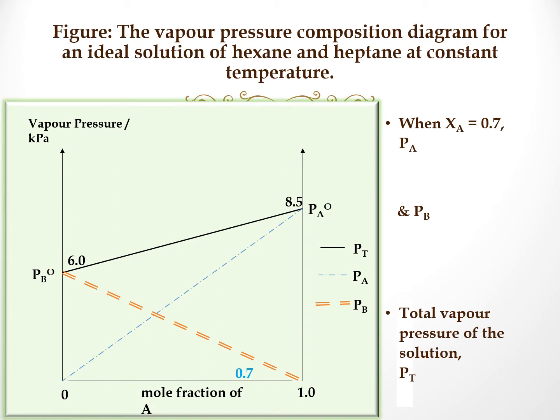Let's look at the question. When the mole fraction of A equals 0.7, from the graph you can get the partial pressure of A equal to 5.95 kPa, or 6.0 kPa, or you can use the formula. PA equals the mole fraction of A multiplied by the vapor pressure of pure A. So 0.7 times 8.5, you will get 5.95.